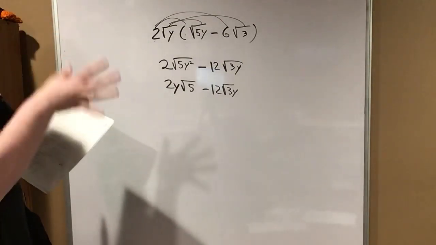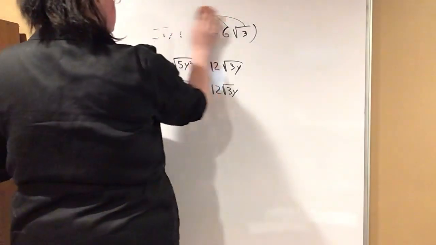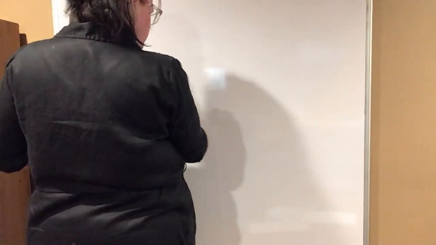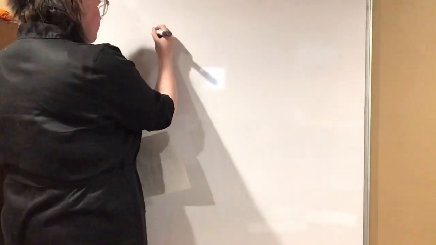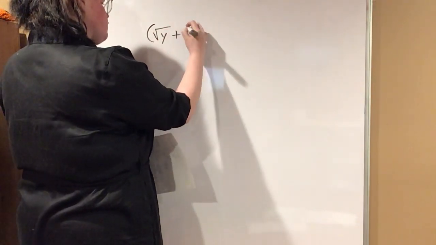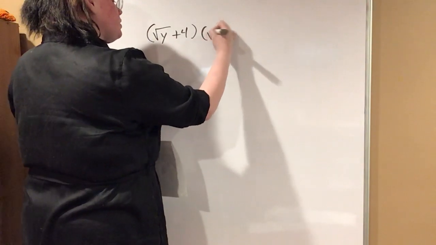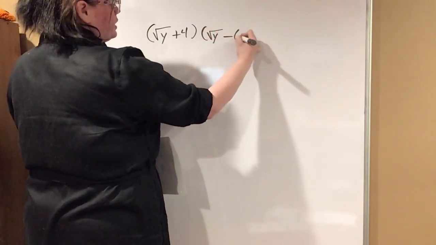Okay? So now let's add another step onto it. And I know I taught you guys this, I don't remember what lesson, but I know I taught you guys something like this, where if I'm given square root of y plus 4 and the square root of y minus 6.